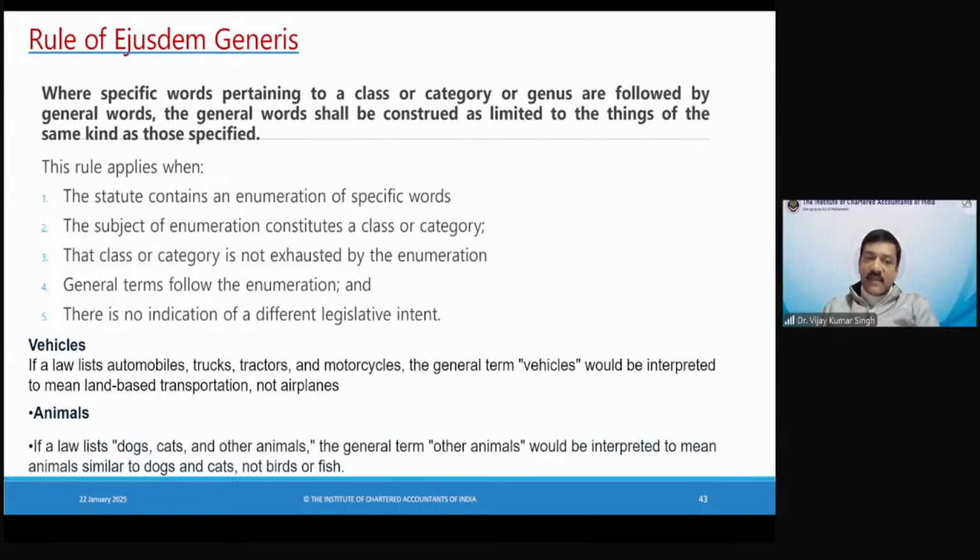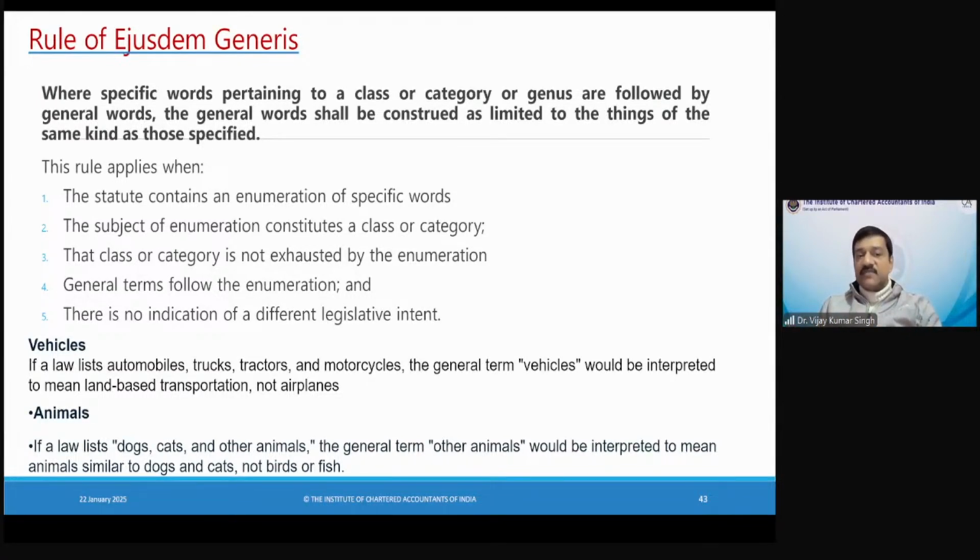Though an airplane is also a vehicle, under the term vehicles you cannot include airplanes, where the list says trucks, tractors, motorcycles. Similarly, if the list says dogs, cats, and other animals, the general term other animals would be interpreted to mean similar kinds of animals like dogs and cats, not birds and fish. I hope this clarifies the rule of Ejusdem generis.